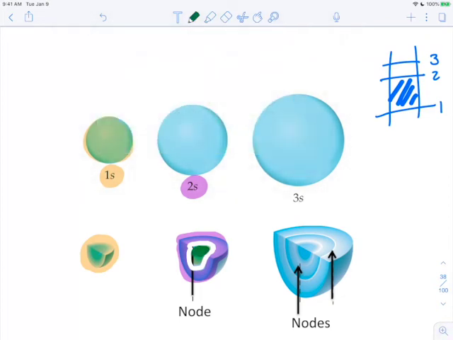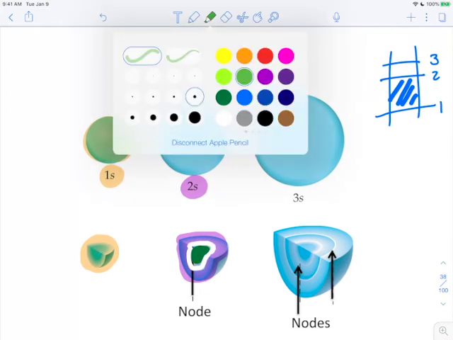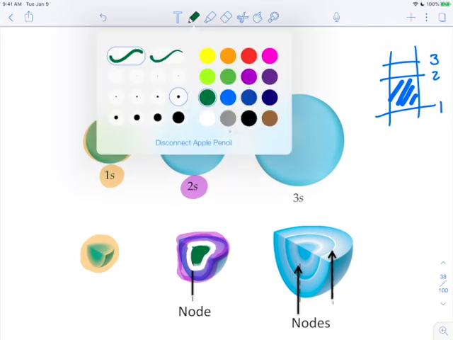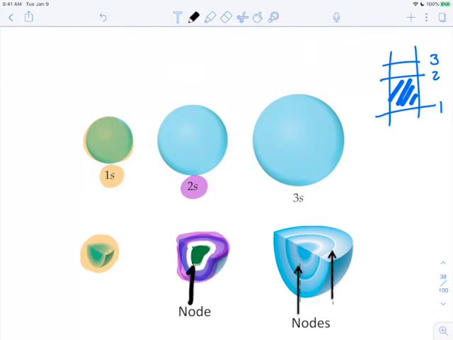It can travel around inside of here if it's a 1s electron. And if it is a 2s electron, it travels outside of here. But nobody should be in that white area. That white area is just for transition. You got excited and you jumped from the 1 to the 2, but you cannot hang out in that white area. And that white area is what we call a node. So the node is the white area where nobody is allowed to hang out. It is, again, just like this area between the rungs.